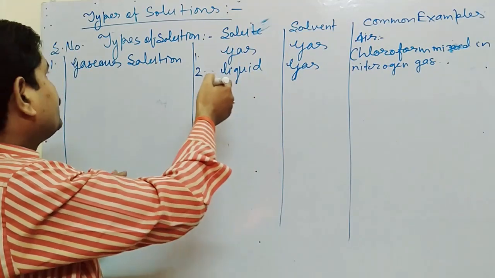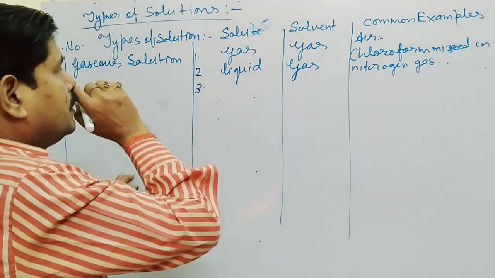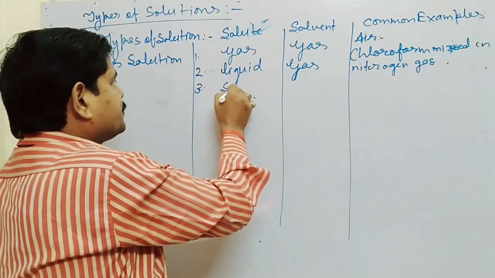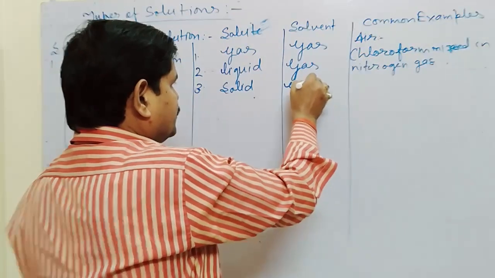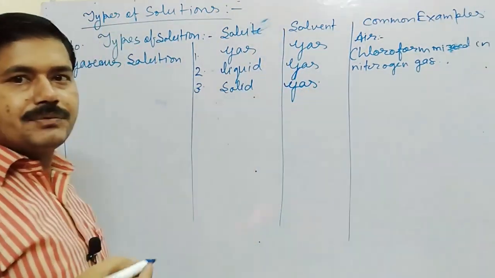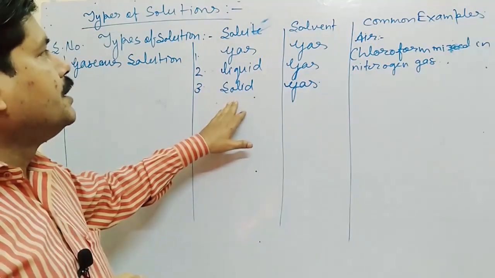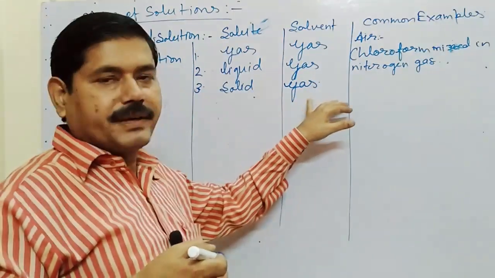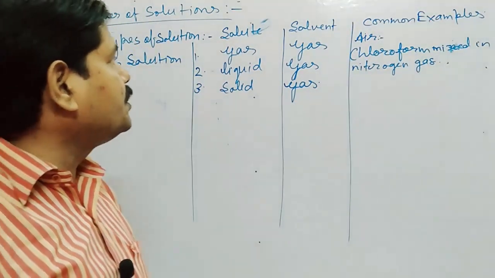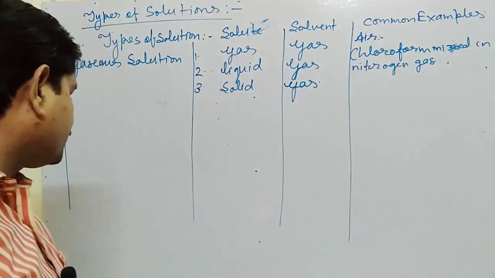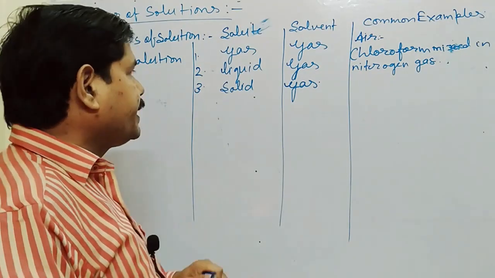The third type of the gaseous solutions is solid in gas. In this type of solution, solute is solid and solvent is gas. Many common examples are found in this type of solutions. First, camphor in nitrogen gas.